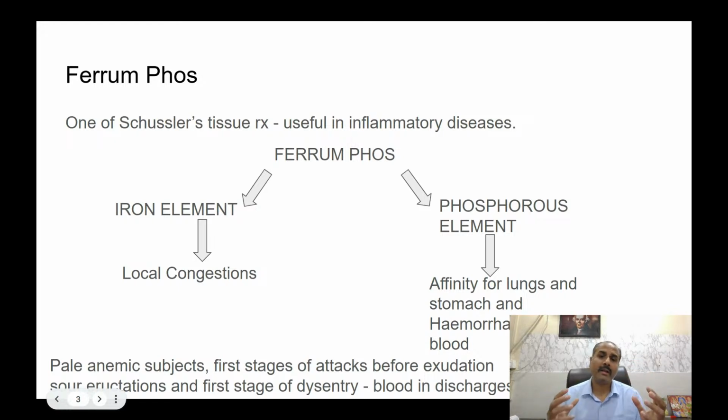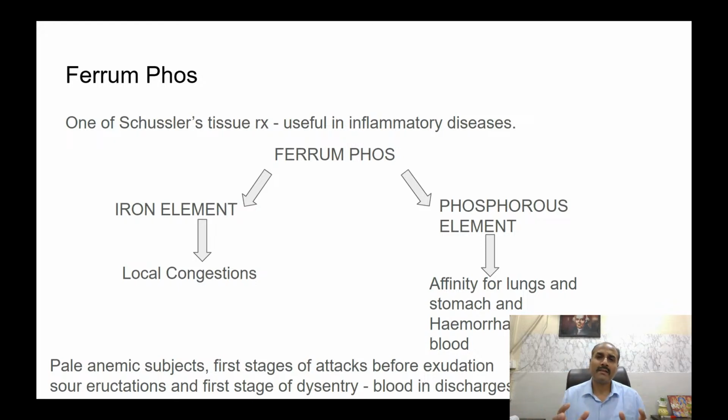One is the iron element and another is the phosphorus element. And then he tells us that the iron element has localized congestions and the phosphorus element will have affinity for the lungs, affinity for stomach, and thereby there also would be hemorrhage from those organs or any other parts which would be bright blood.